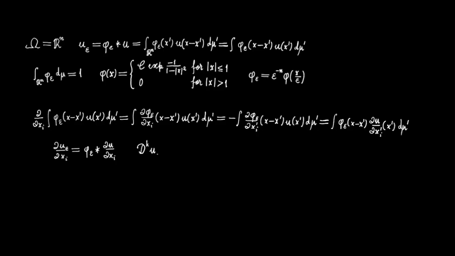to obtain that an arbitrary partial derivative of u epsilon is the result of applying this mollifier operator to the corresponding weak derivative of u, provided that the weak derivative actually exists.